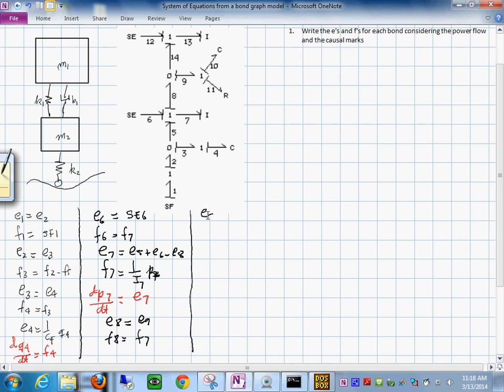What about E sub 9? E sub 9 is E10 plus E11. See, what comes in equals what goes out. So this is E sub 9. Then we have F sub 9. Who causes F9? Not this, but over here: F8 minus F14.